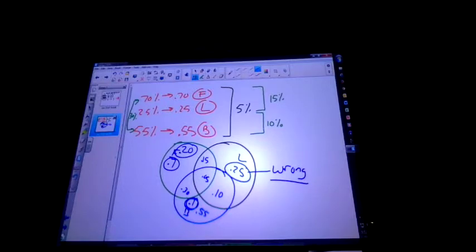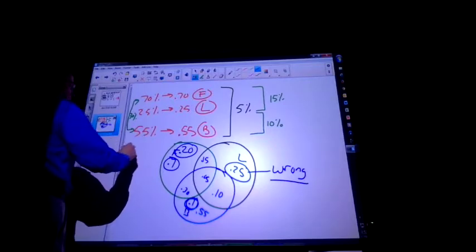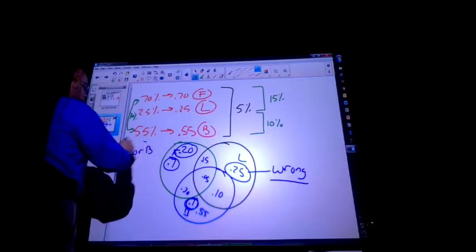Because it's either or, not just both. That's the probability of A plus the probability of D minus the probability of A and B. That make sense? They chose football or basketball.